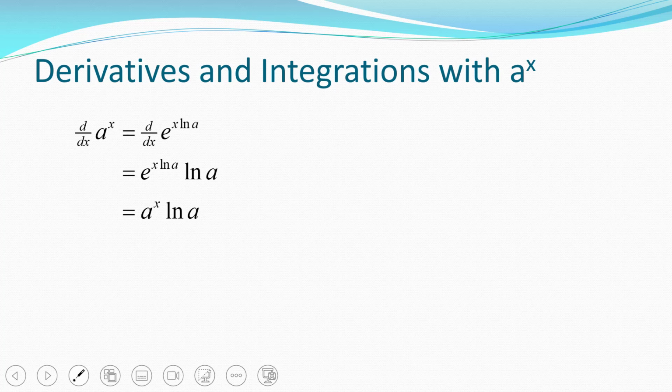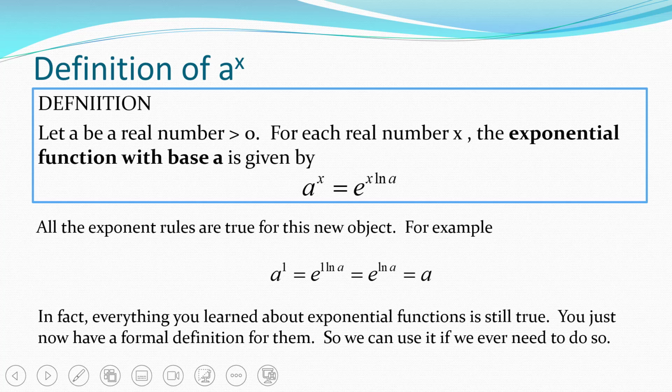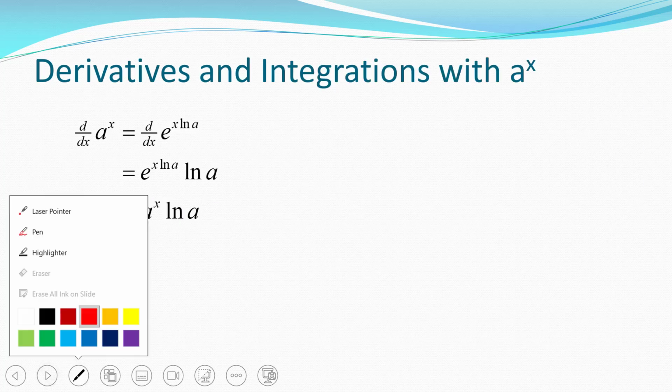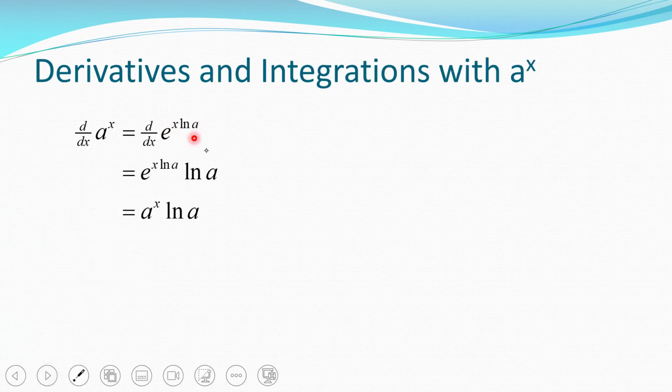So, in general, let's look at the derivative of a to the x. Well, a to the x is e to the x times the natural log of a. And those functions, this one here and this one here, are differentiable functions.